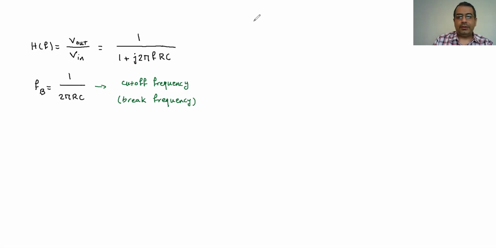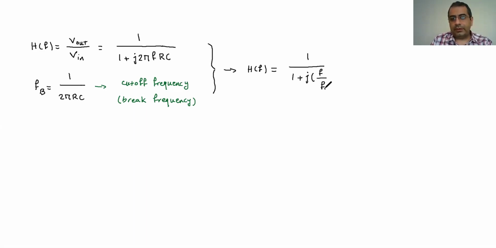Then I can go ahead and write the HF, or the transfer function of the filter, as 1 over 1 plus J F divided by FB.